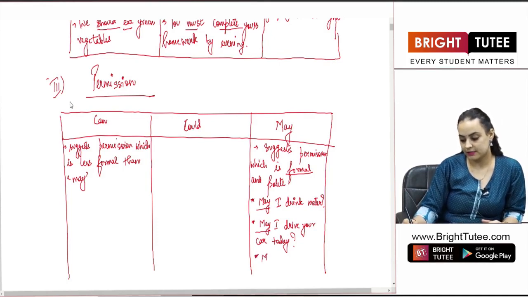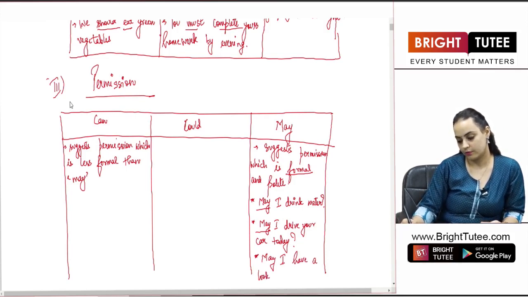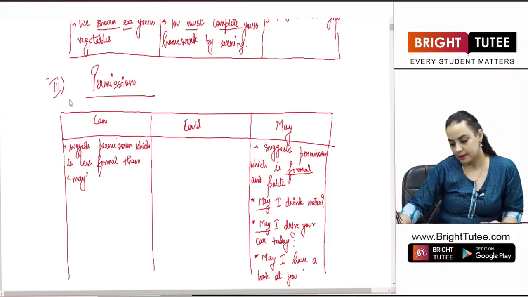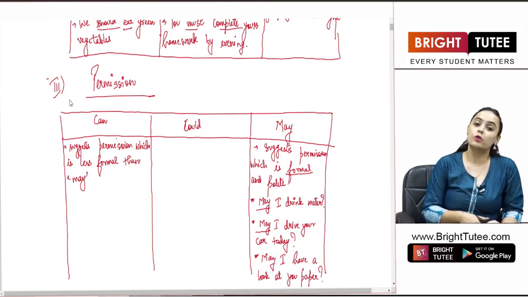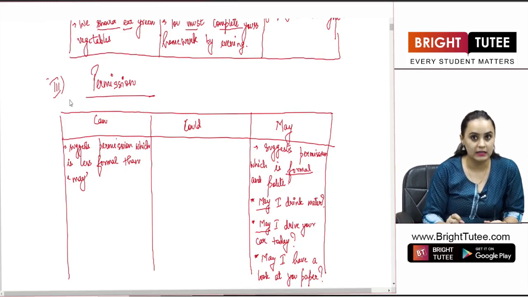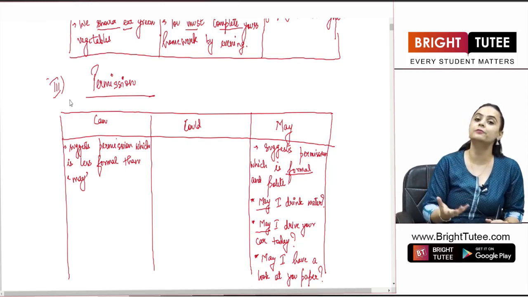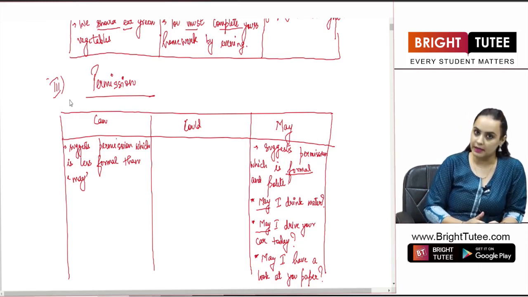And next, if I say, may I have a look at your paper? Every time you are taking a permission from someone in a polite and formal manner, we use the modal verb may.